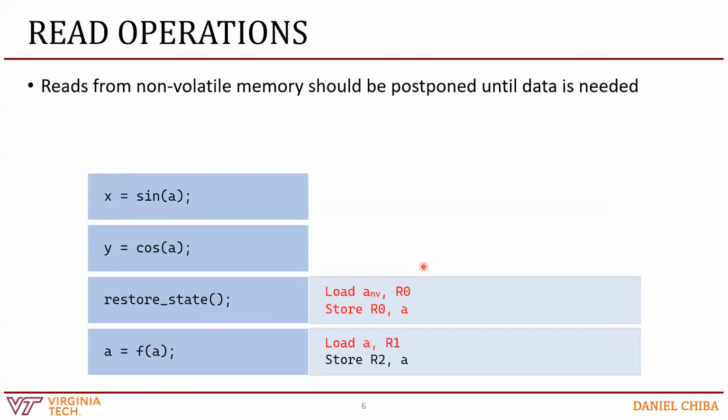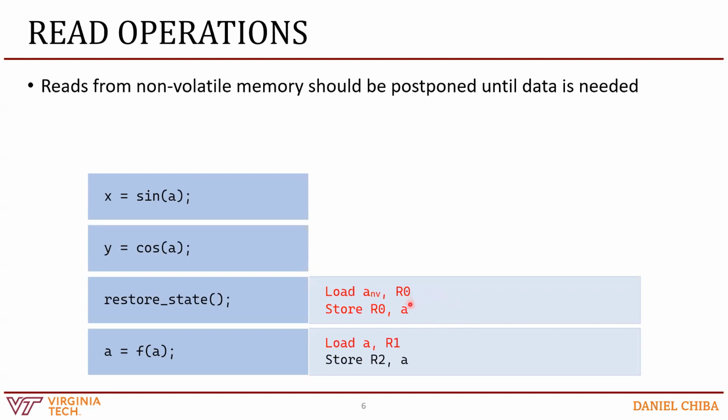So moving on to read operations, the converse is applied. So you only read data from non-volatile memory when it is needed. So in this case, before applying the transformations, your restore operations will read all your volatile memory state from all the states saved in non-volatile memory into volatile memory.